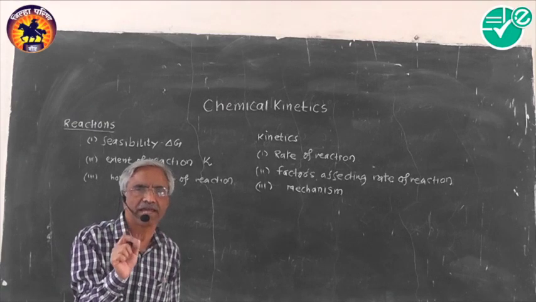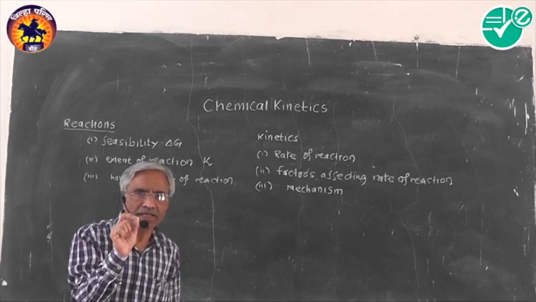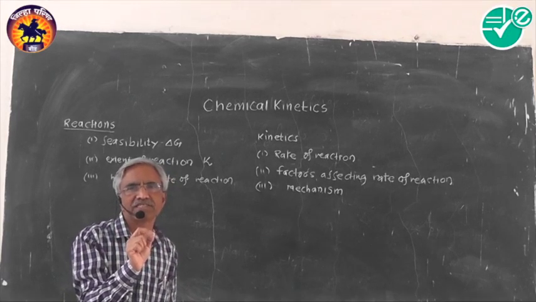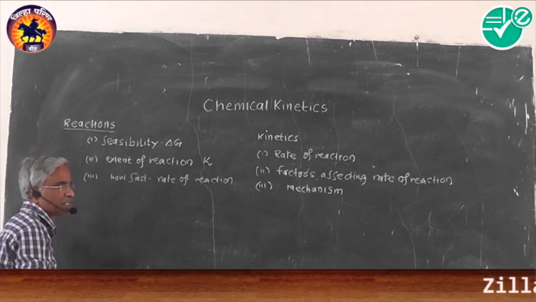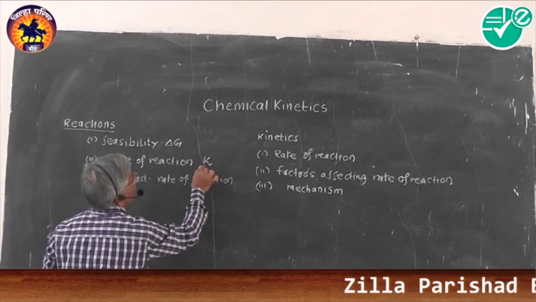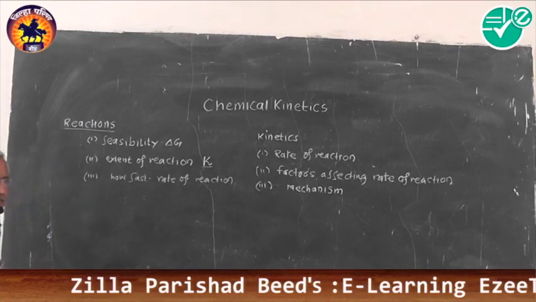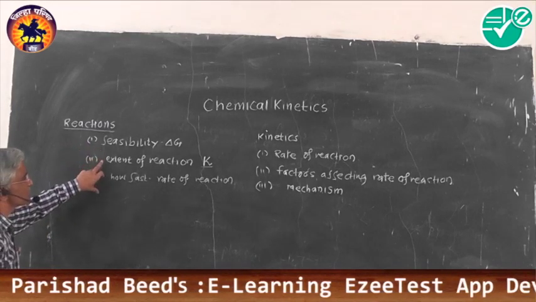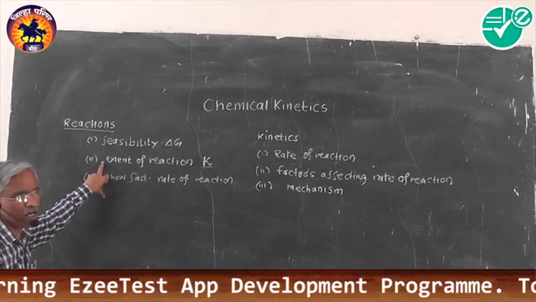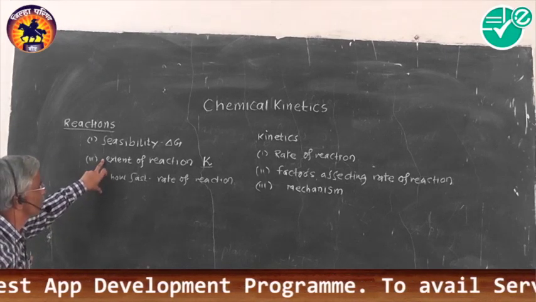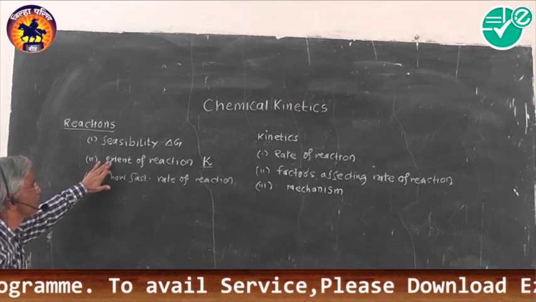This extent of reaction is very important, and in the topic of equilibrium in 11th standard we have studied that the extent of a chemical reaction is determined by the value of a constant called K, also called the equilibrium constant. A greater value of the equilibrium constant indicates a greater extent of reaction, and this is answered in equilibrium.